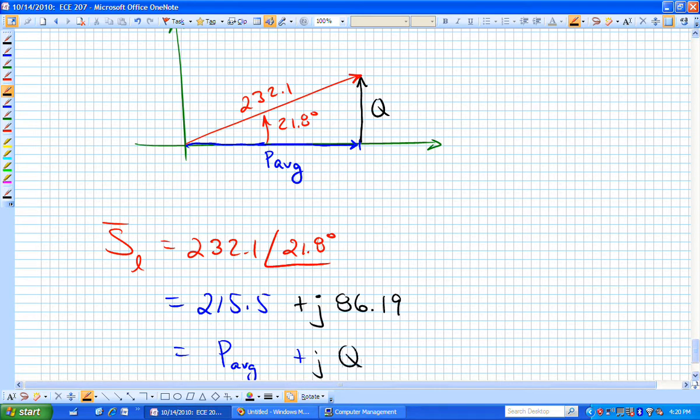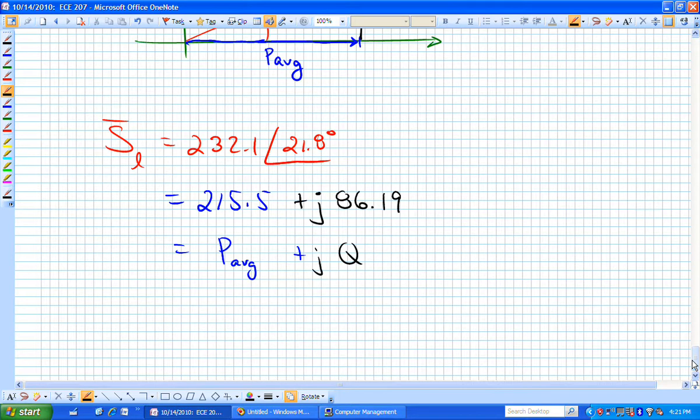And we now have our P average plus our jQ. Let's call this Q sub L, and let's call this P sub L. So now my P average is P sub L, which is 215.5.